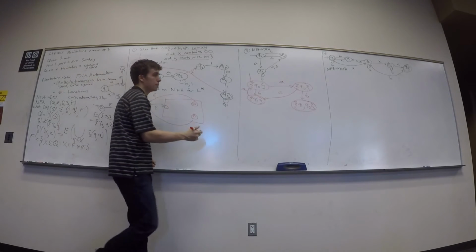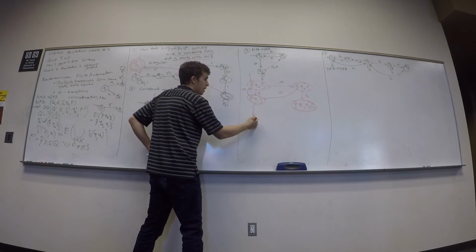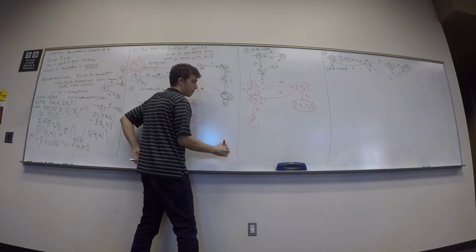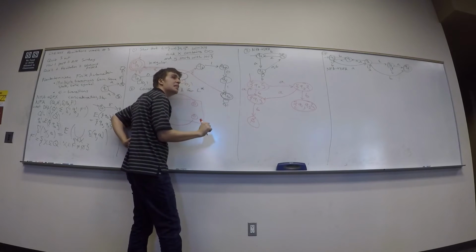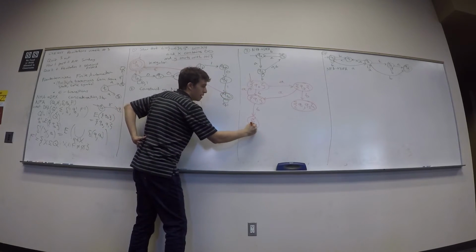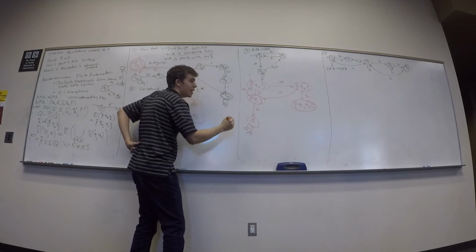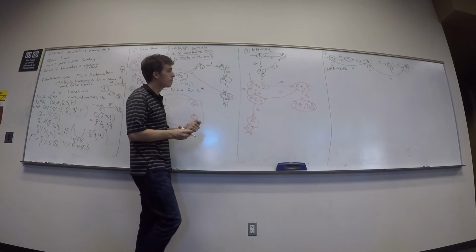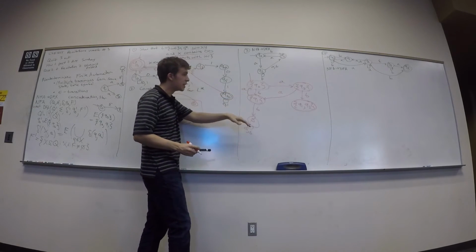Empty set, right. So I'm going to make a new state called empty set. And that was on B. What do you think the empty set does on anything? Loops to itself. If I'm currently nowhere and I read something, I think I'm still currently nowhere, right? Okay, so that takes care of that.